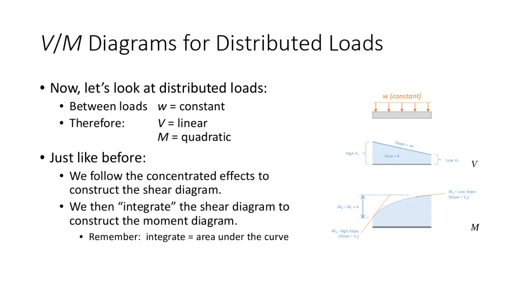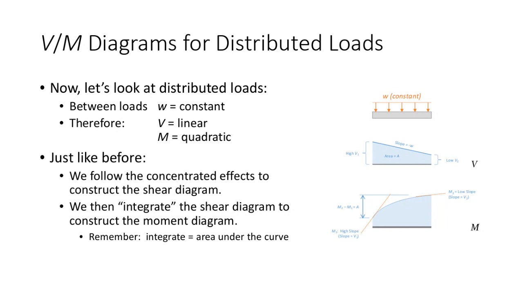So you're going to have sort of parabolic functions on the moment diagram. It's something you've got to be aware of when you're drawing it. It's really not that hard once you understand a few graphical cues, and we'll walk through this in our example today, because this is actually pretty straightforward.